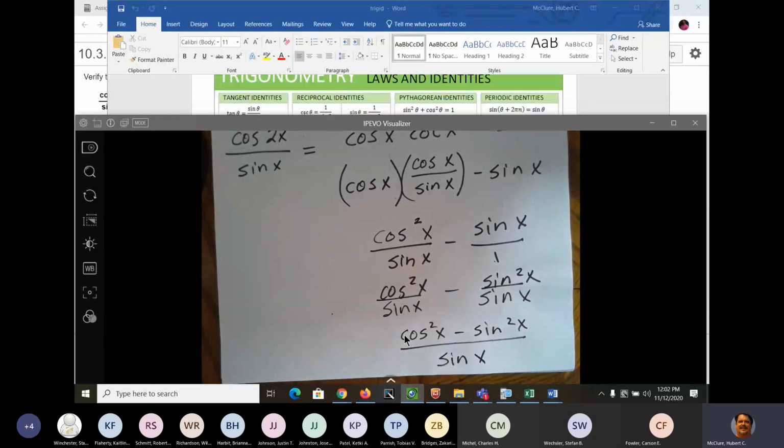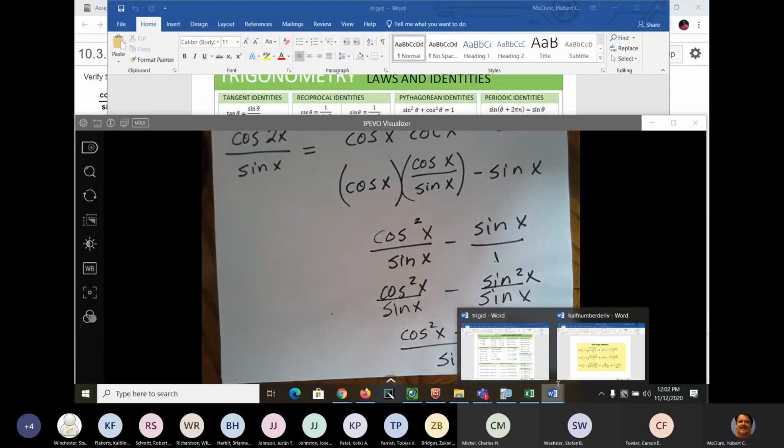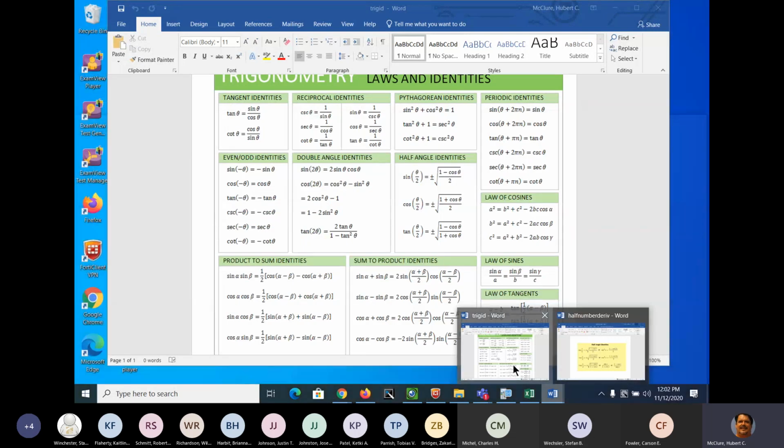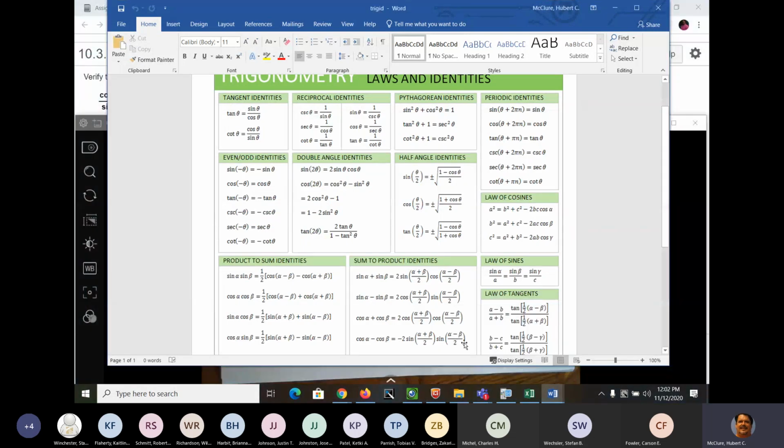Pull up your handy dandy identities. And where do you see cosine squared of x minus sine squared of x? Could it be the Pythagorean identity? Nope, that's what everybody goes to. That's plus. Oh, the double angle identity?